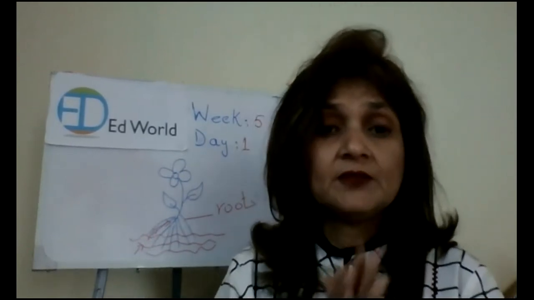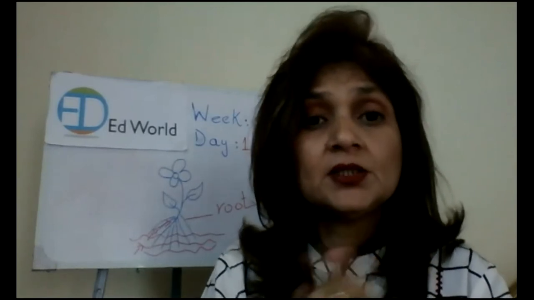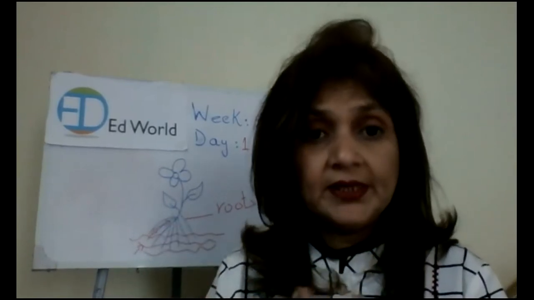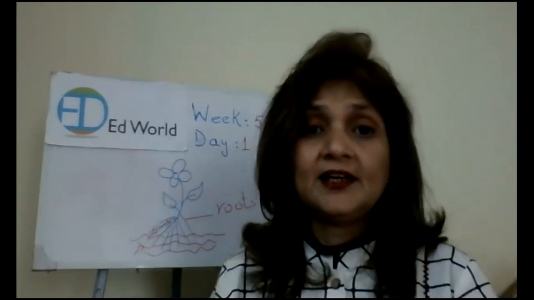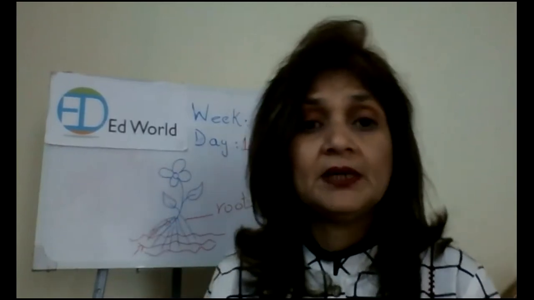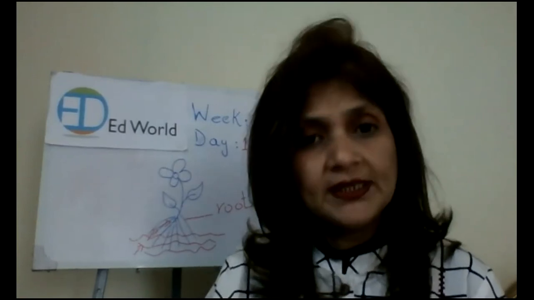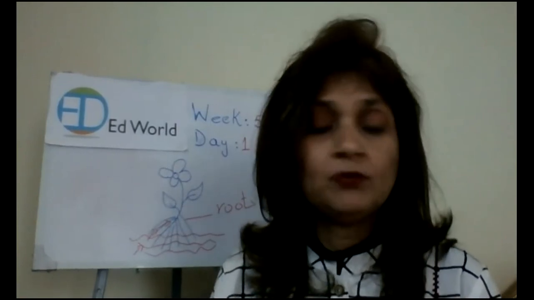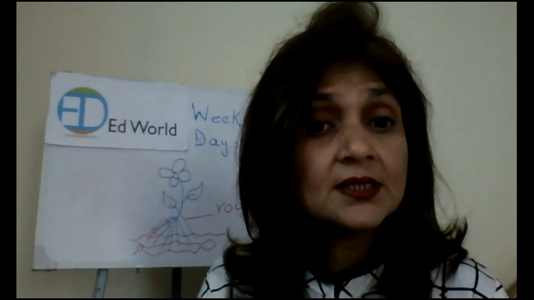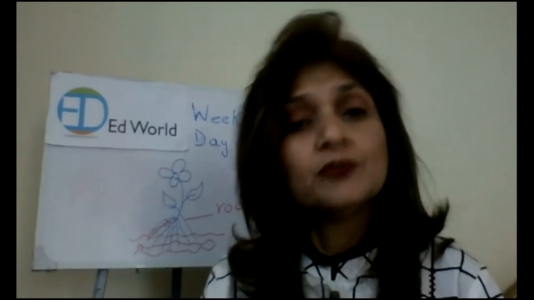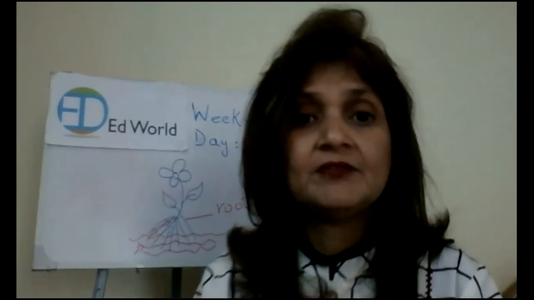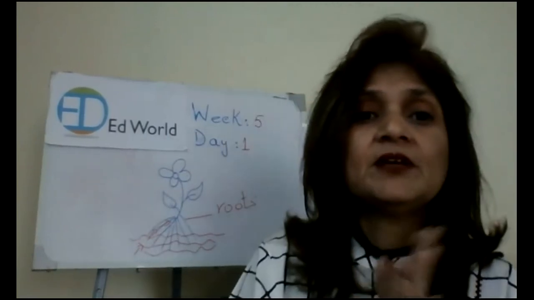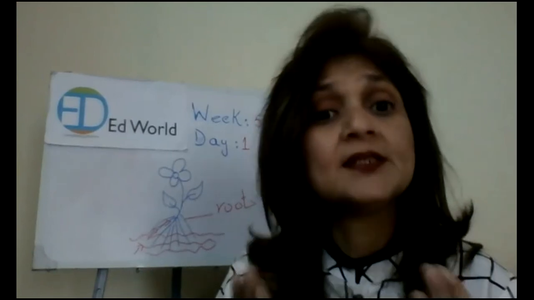And it gives water and salt to the plant, right? And the roots which are deep inside are very thick roots, but the ones which are not deep inside are thin roots. And what do the thick roots do? They store food for the plant. So it's very easy. I hope you have enjoyed the lesson and you have learned something.